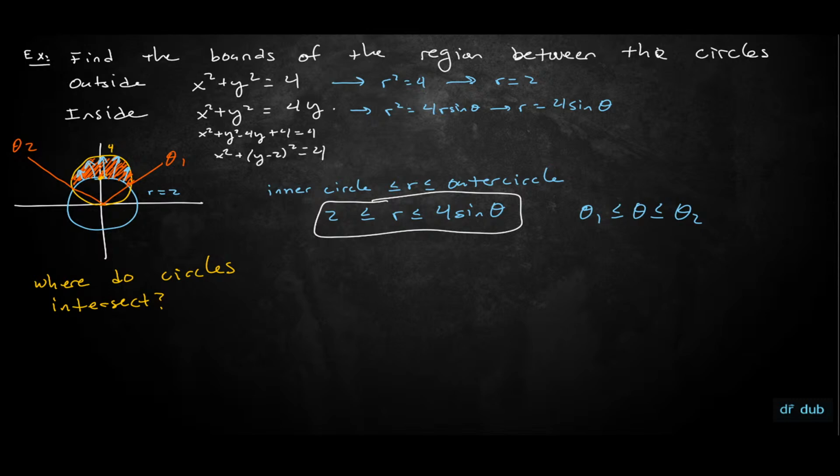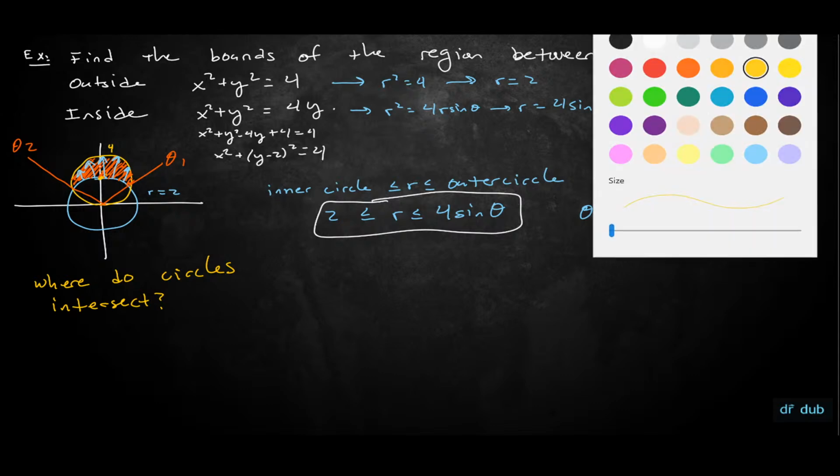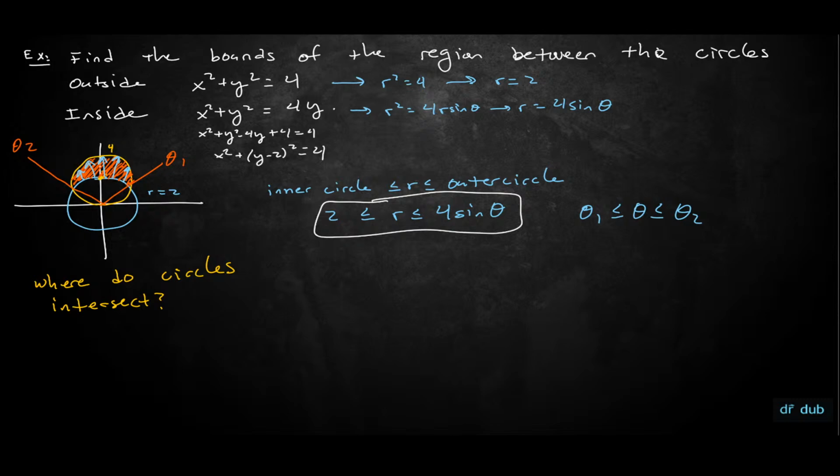Well, if the circles intersect, they have the same r value. So r equals 2, but 2 then would be equal to 4 sine theta because the r values are the same. So equate the r values. So we get 1/2 equals sine theta. What angle in quadrant 1 gives me sine equal to 1/2?